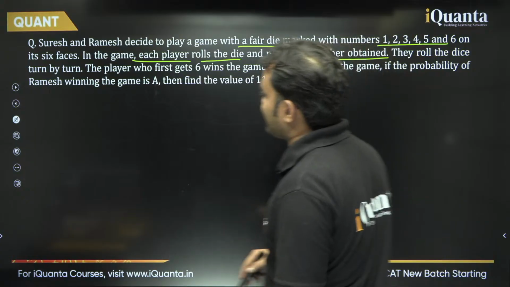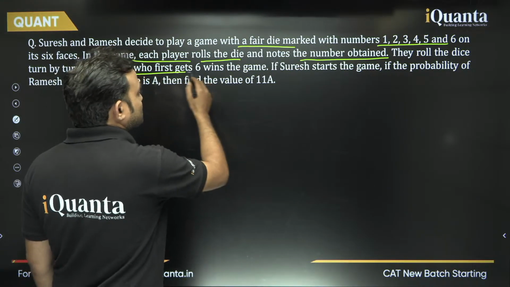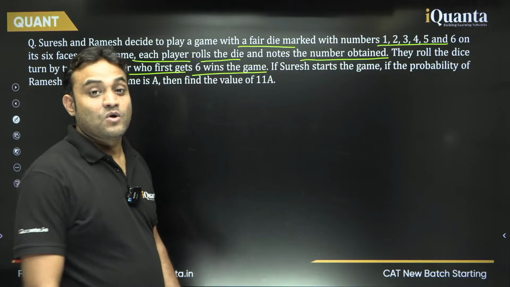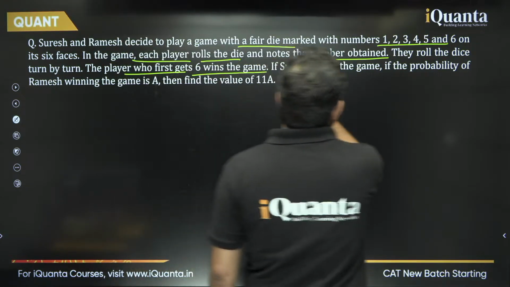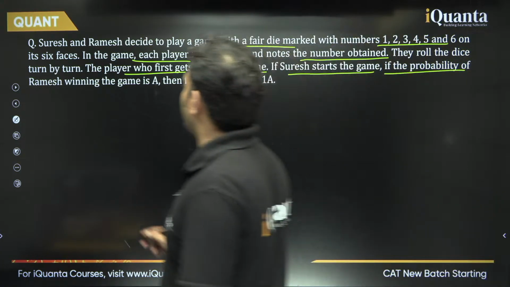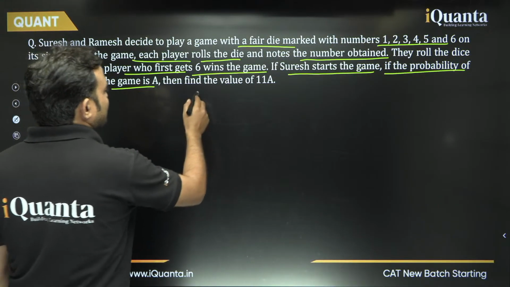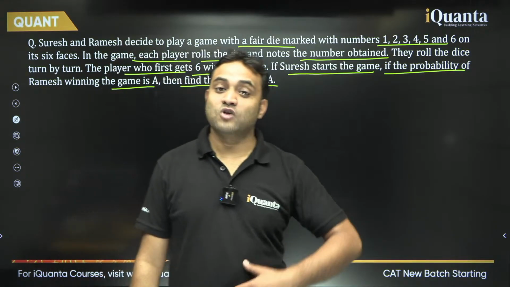They roll the dice turn by turn. The player who first gets 6 wins the game. If Suresh starts the game and if the probability of Ramesh winning the game is A, then find the value of 11A.